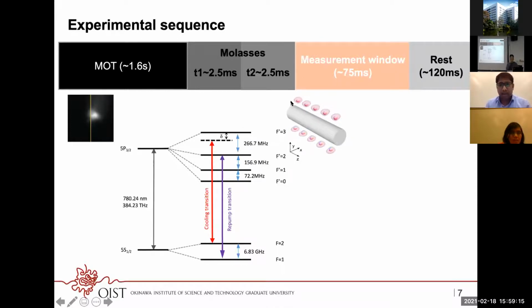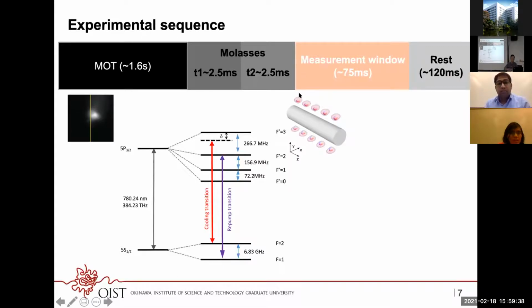Now, at the end of this phase, we turn on the probe beam, we turn off all the cooling beams, and the magnetic field was already turned off by the end of this phase. So there is just the trapping field which creates this dipole lattice and some of the atoms which were captured in this trapping field.